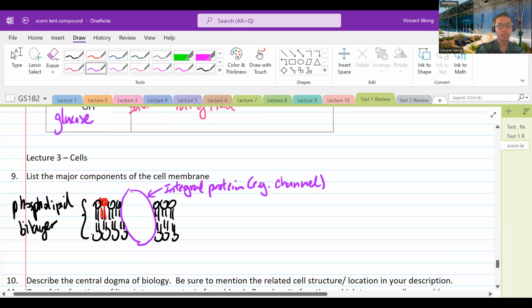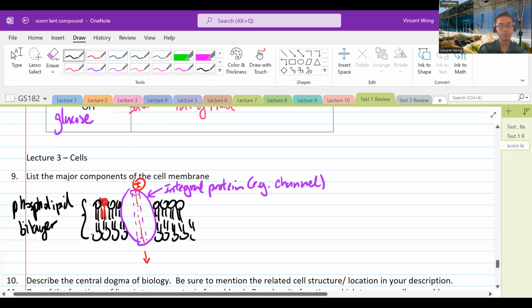Okay, so in transport, we learned that some molecules are not going to be able to go through the membranes. So let's say I have a charged particle, it cannot go through the phospholipid bilayer, right? Just like the H plus in the cristae, it cannot go through. So it's going to have to go through a channel protein. It forms a little tunnel in between for the charged particle to go through. So that's an example of facilitated diffusion.